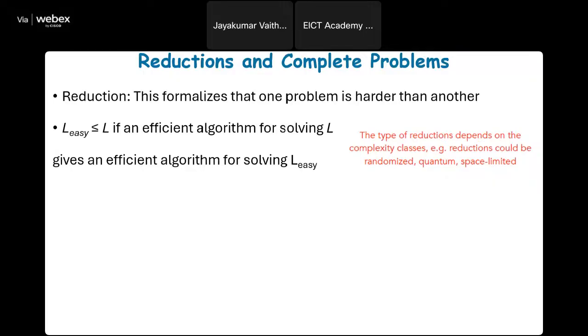So how are we able to reduce complexity? By using a randomized way, by using quantum or space-limited techniques. That is why they use this space-limited technique. If you want to control a huge crowd, you can limit the number of permissions, you can limit the number of visitors.